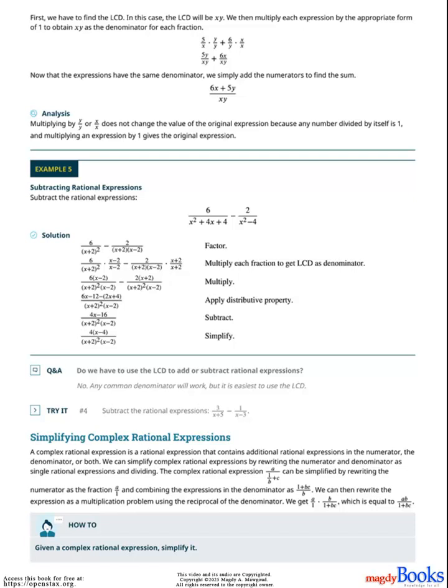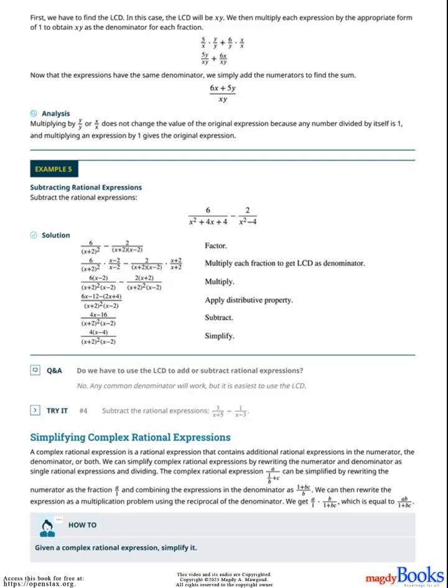Multiply. 6x minus 12 minus (2x plus 4), divided by (x + 2) squared times (x - 2).